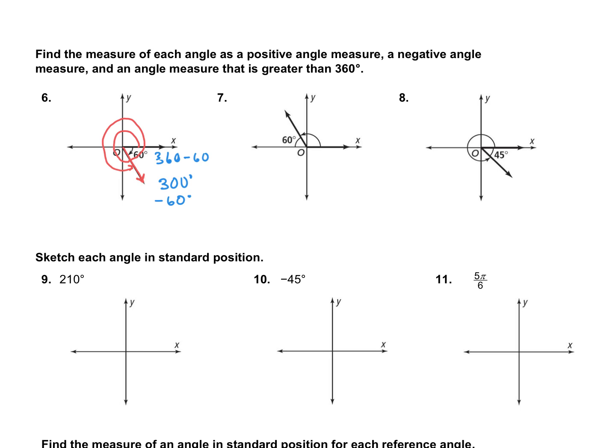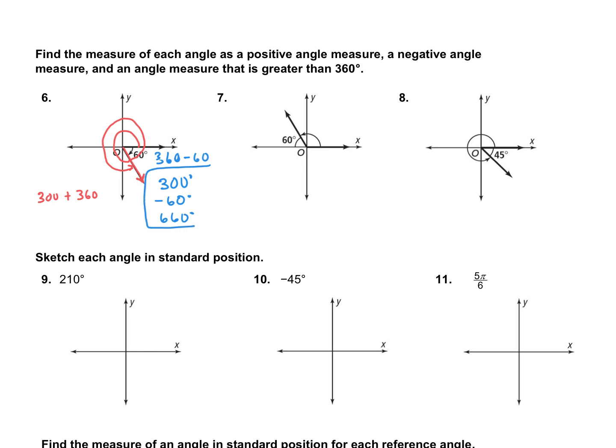So we took our 300-degree angle and went around one more rotation, so we just added 360 degrees to it. That new angle greater than 360, 300 plus 360, is 660 degrees.